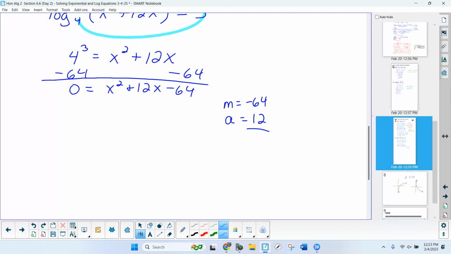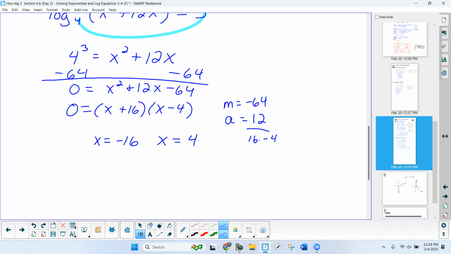Positive 16 and negative 4. There you go. So I get x plus 16, x minus 4. When you solve these, you get what? X equals negative 16 and x equals positive 4.